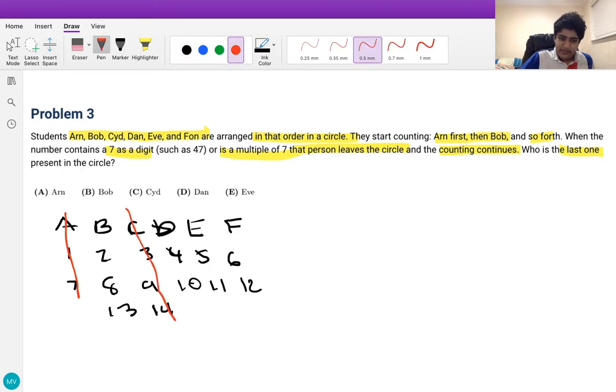Counting continues, with Dan saying 15, Eve saying 16, and Fawn saying 17, also getting kicked out. Now we continue. Bob says 18, Dan says 19, Eve says 20, and Bob says 21. And 21 is a multiple of 7, so Bob is kicked out.